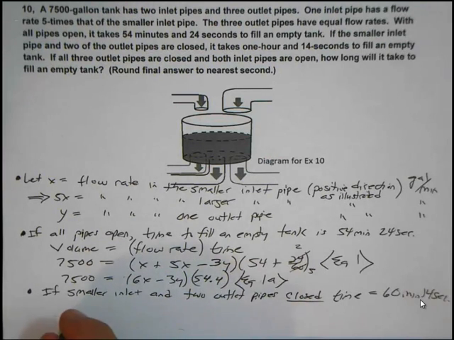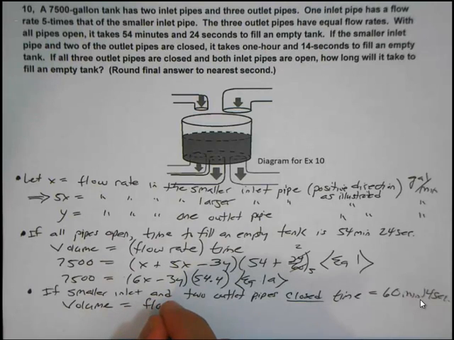As before, volume equals flow rate times time. So in this case, the volume is still an empty tank. That would be 7,500 gallons, equaling... Now, what have we got here?